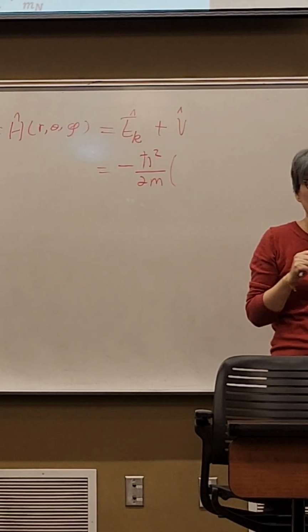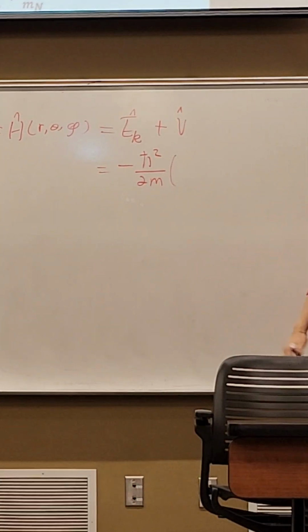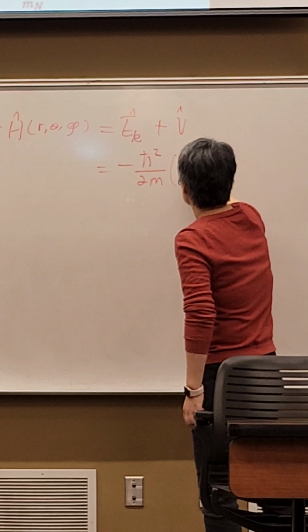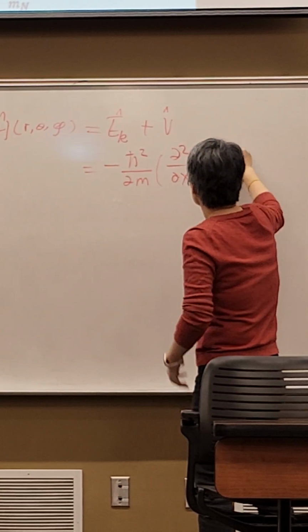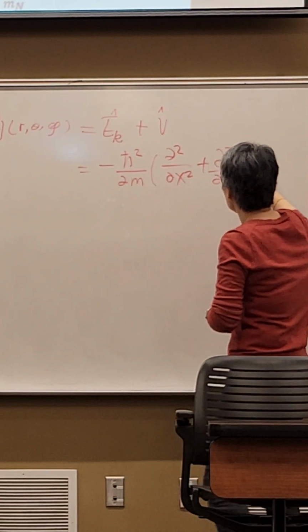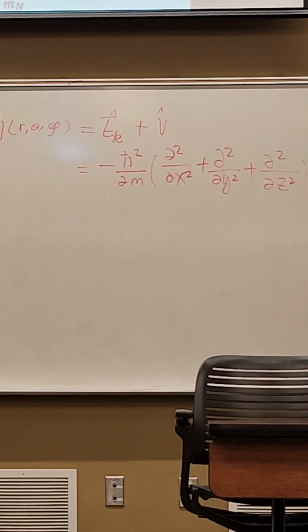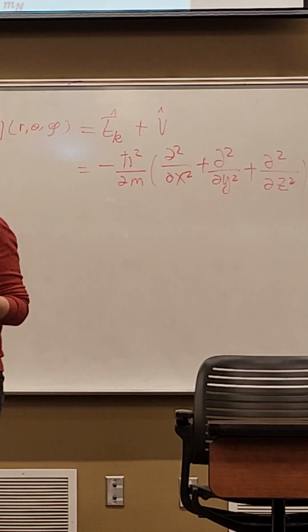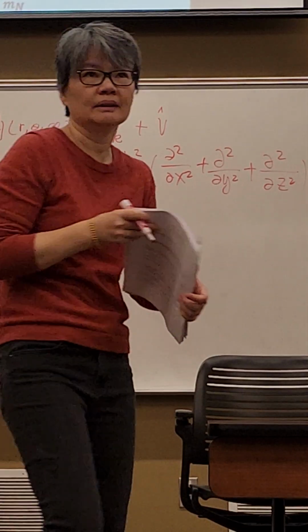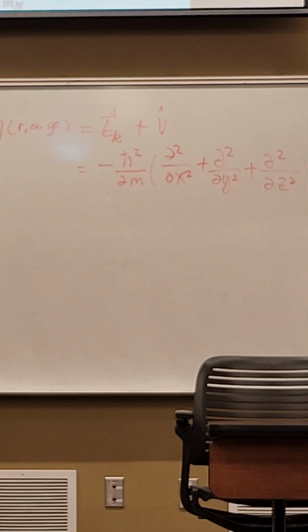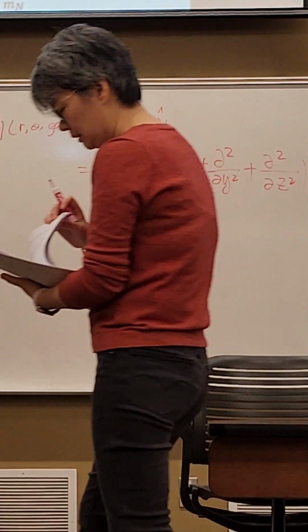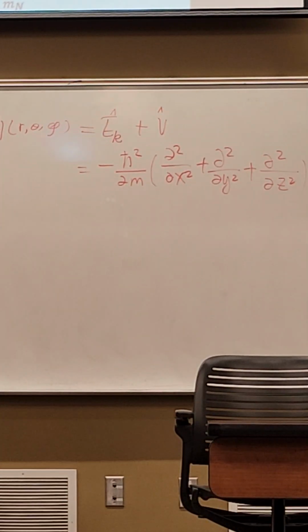And then you have the second derivative. You have a second order derivative with respect to all the axes, right? Yeah, that is great. And the electron moves along three-dimensional space, so we have all those axes, right? Okay, now, I think it's written as del.